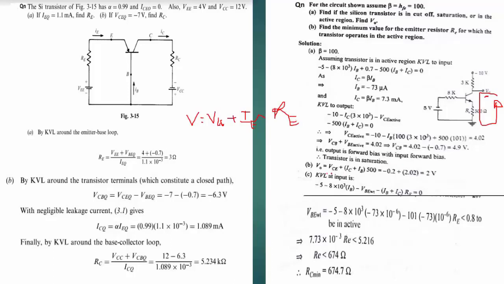So ndio hicho alichofanya hapa. Finally you get your output knowing that IE ni summation ya IC plus IB, unapata output. So find the minimum value for the resistor for which the transistor operates in the active region.